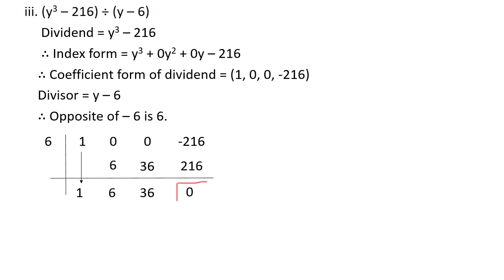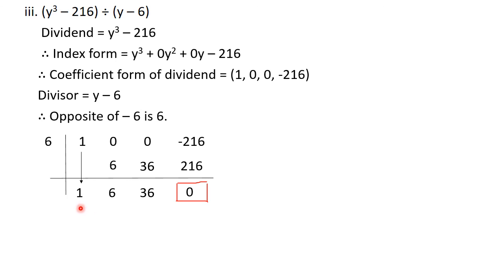So put a rectangle around it to understand that it's your remainder. And one more thing gets clear from this, that this number we are not going to include in the quotient. The remaining numbers, they give us the quotient. So when you draw a rectangle like this, you understand that you are not going to take this number in the quotient.